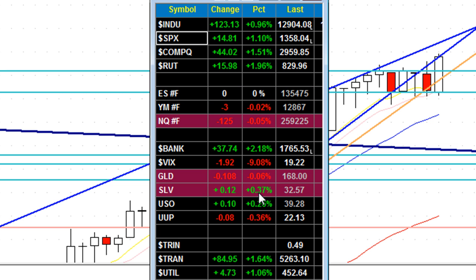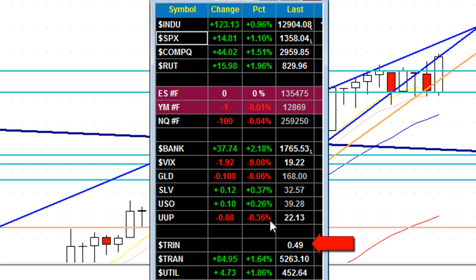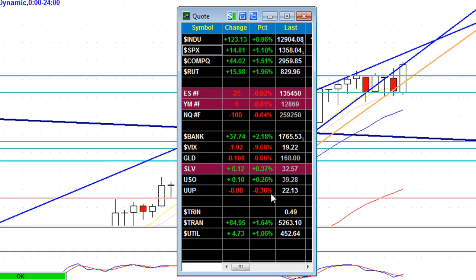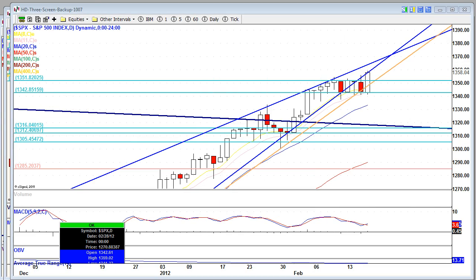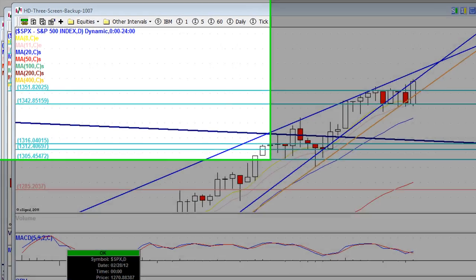Gold is at break even, silver at break even, crude up 0.23, and the US dollar is down yet again, 0.36%.